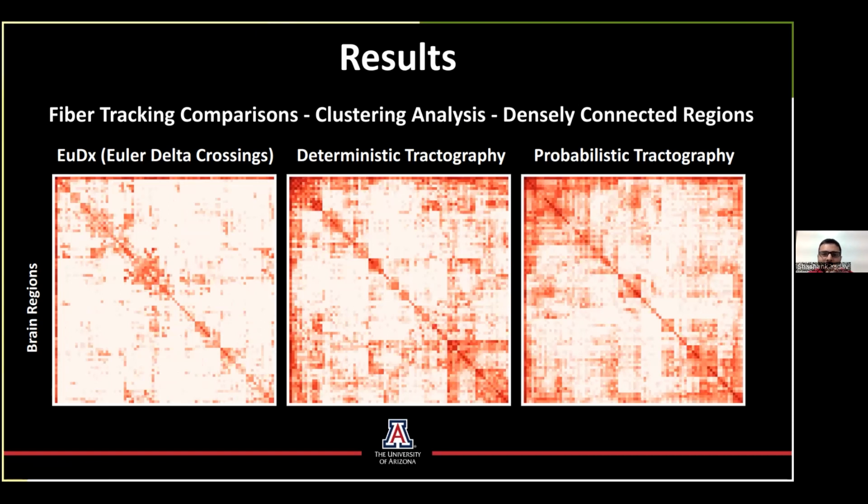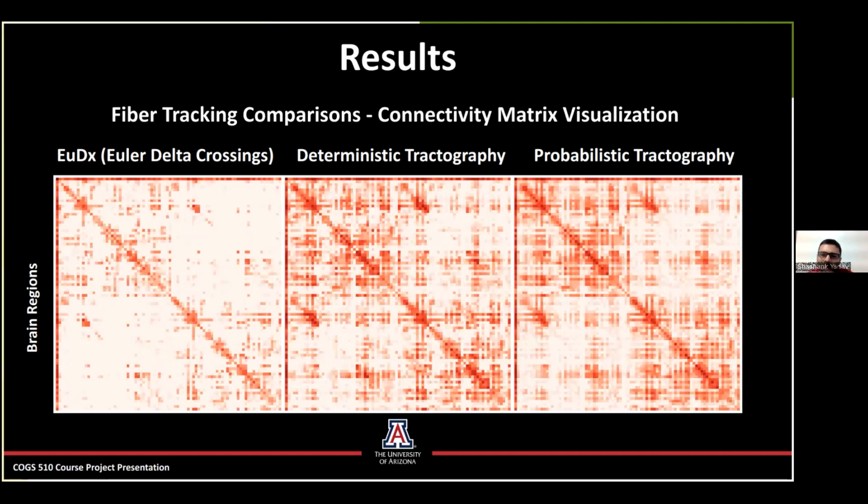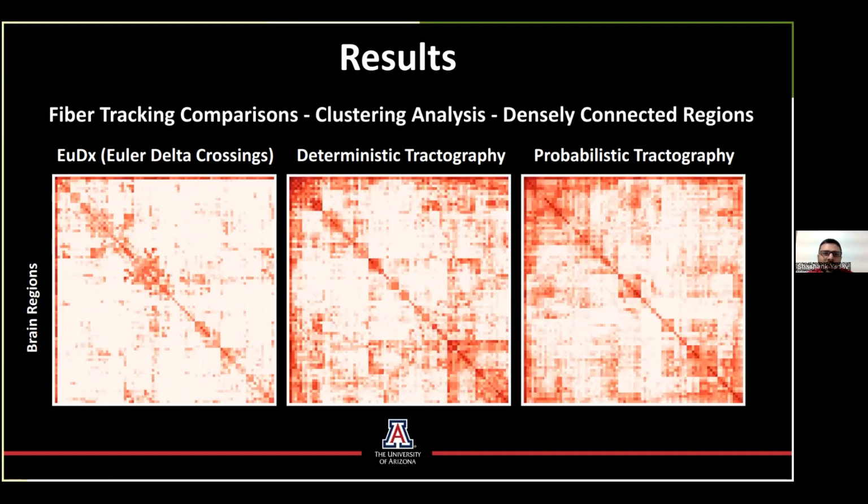Before we go into that, I would like to mention another analysis which is not mentioned in the DiPy tutorials, which I have put here: you can try to see if there are any densely connected regions in the DTI tract by doing a clustering analysis.